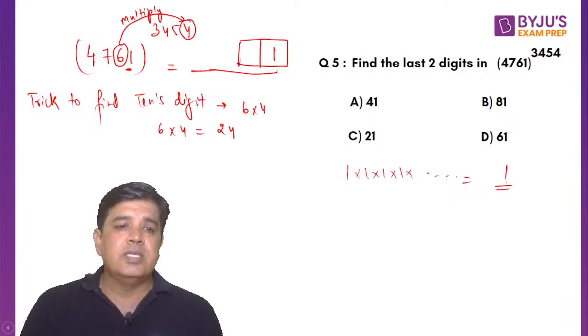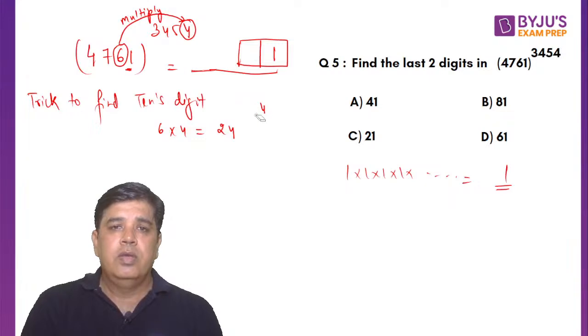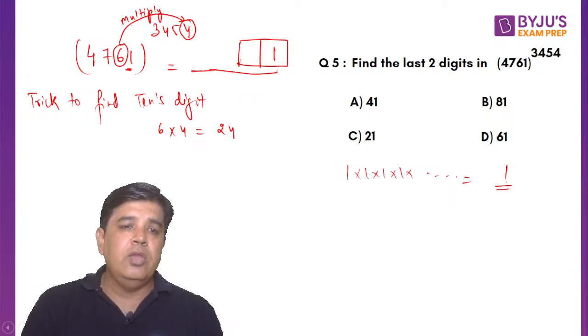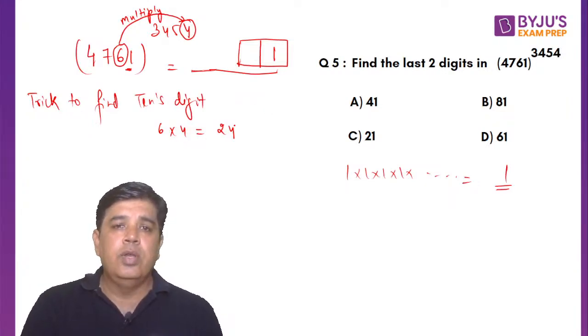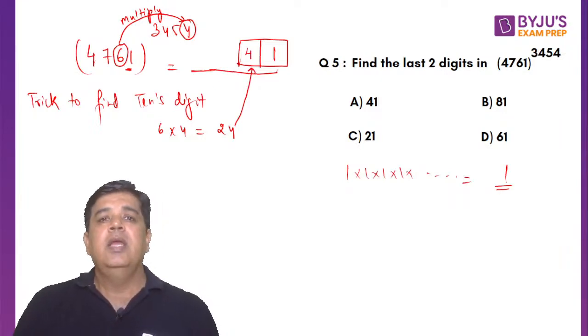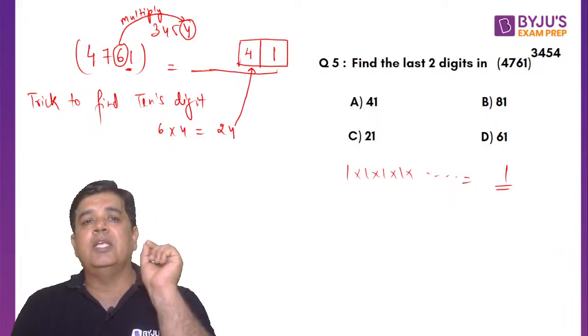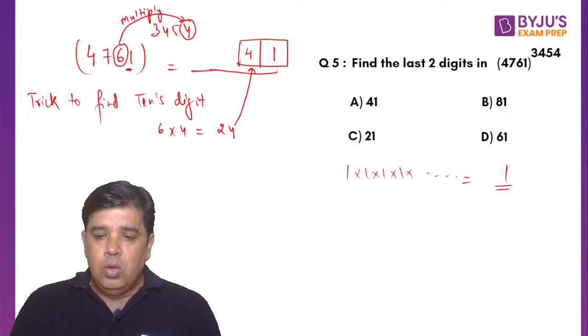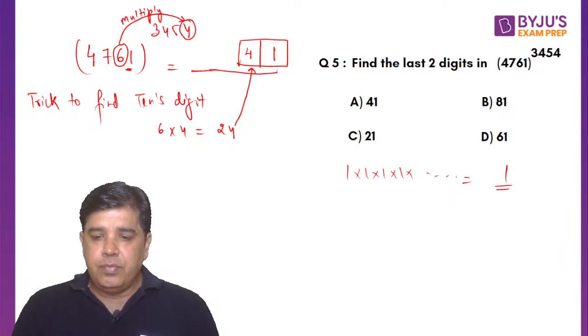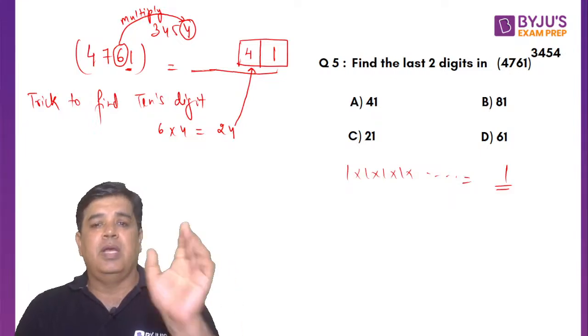Now pick the unit digit of the answer and place it at the tens place of this whole number. You had not studied the last two digits rule, I have told you.